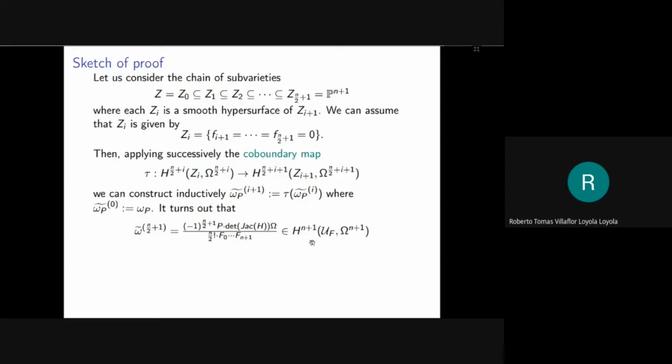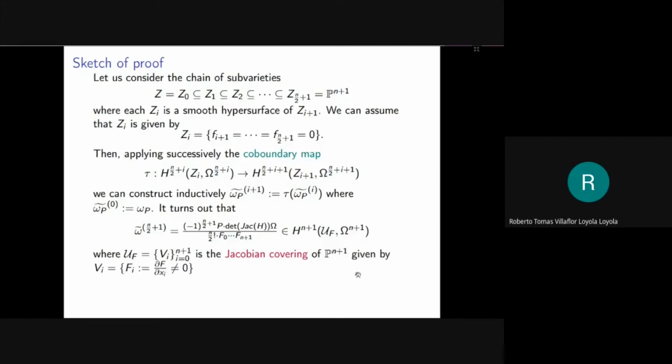The difference is that this top form, which is a top form of the projective space P n plus 1, is not given anymore in the usual or the standard open covering of the projective space, but in this other open covering U F, which is known as the Jacobian covering of P n plus 1.